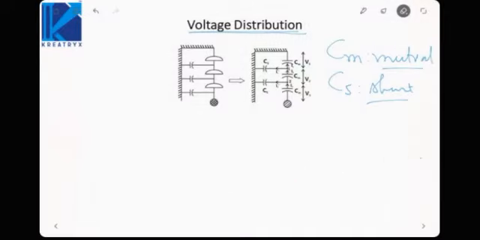Now, since we have three disks here, there will be three CM and three CS. The voltage of this line with respect to the tower will be V phase, because voltage to ground is the phase voltage. The shading here indicates that the tower is grounded. So what is the voltage across this CS?